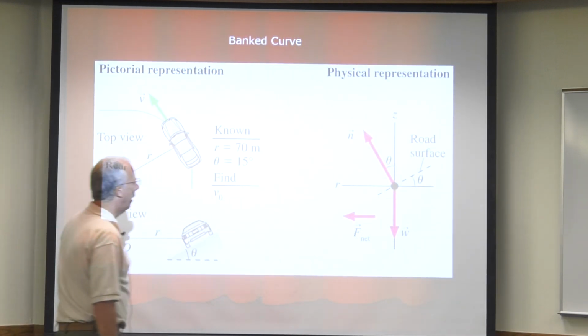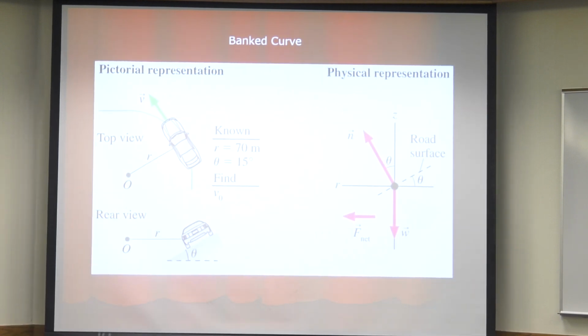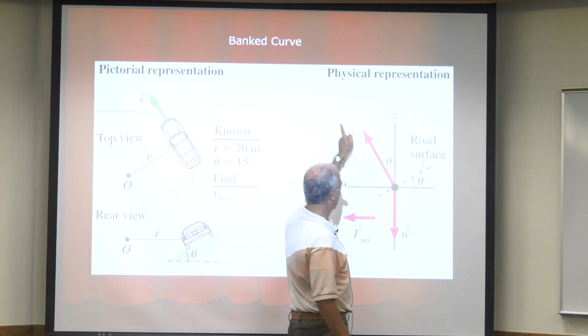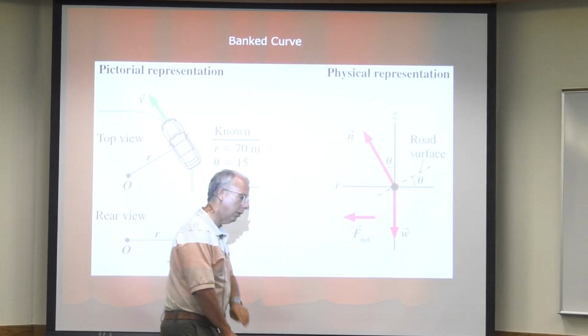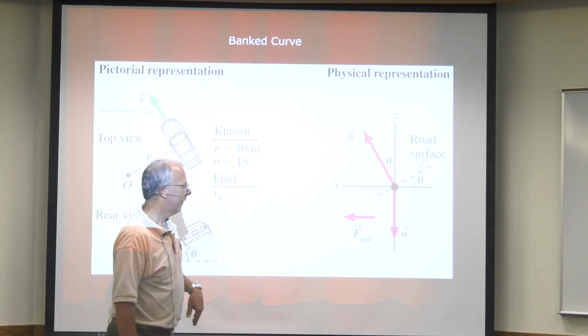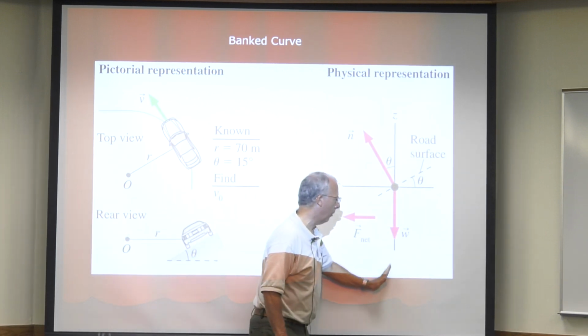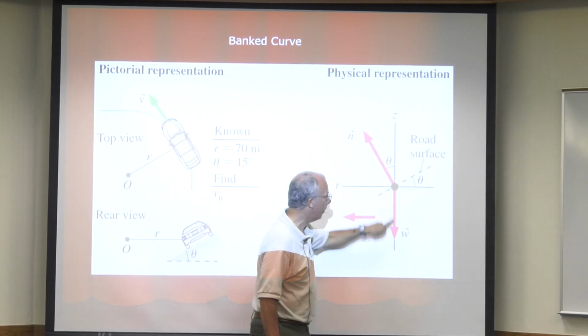Now wait a second. I've said over and over again, if you're making a circle, there has to be a force pointing toward the center of the circle. There has to be a radial force. Well, all we have is this and this. Do either of these point towards the center of the circle? No. So what? Remember now, this is hopeless. This will never have a component that will point towards the center of the circle, right? But what about this guy?